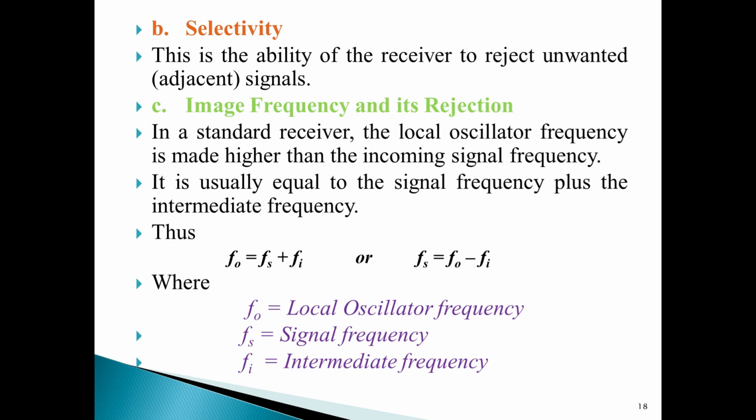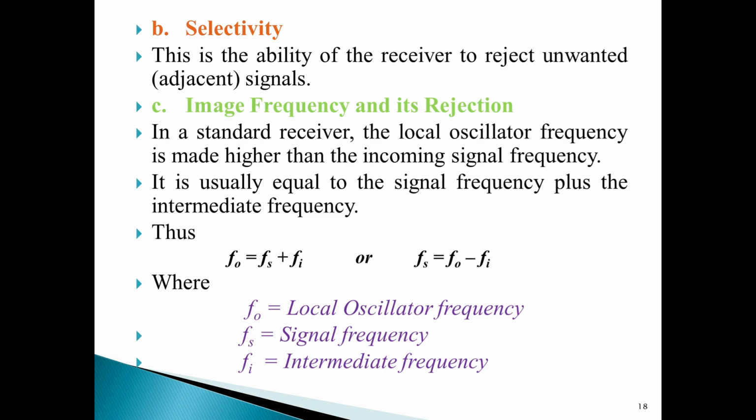Selectivity. This is the ability of the receiver to reject unwanted adjacent signals. Image frequency rejection. In a standard receiver, the local oscillator frequency is made higher than the incoming signal frequency. It is usually equal to the signal frequency plus the intermediate frequency.